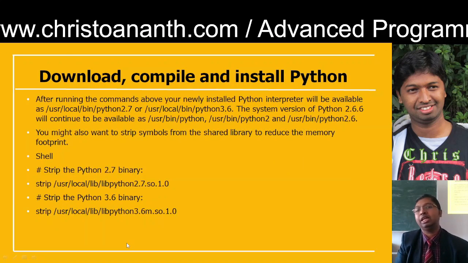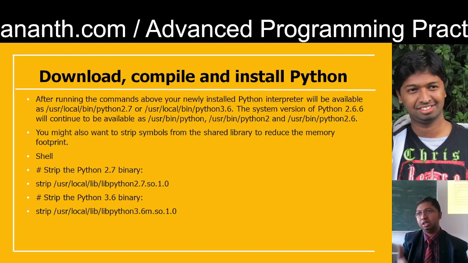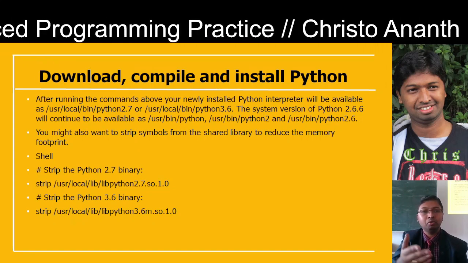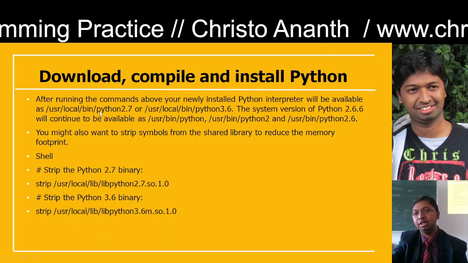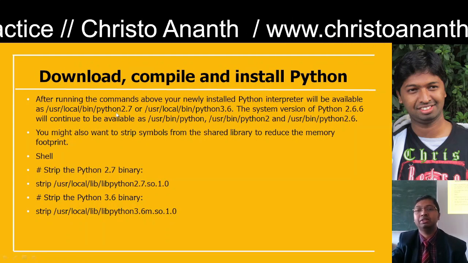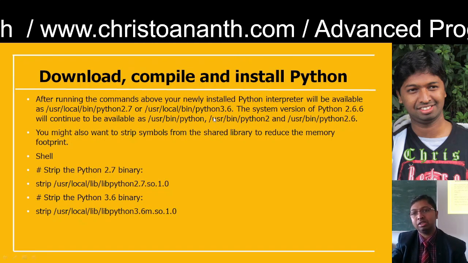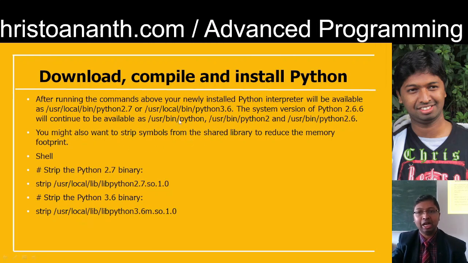So maybe after running all these commands, okay, the newly installed Python interpreter will be available within /usr/local/bin as python2.7, okay, or maybe if you are using the latest version, you will go with python3.6, okay. So that is actually available, okay.